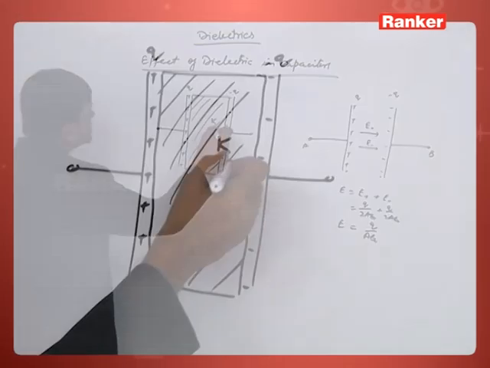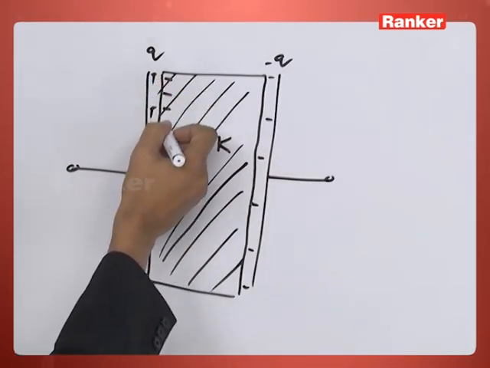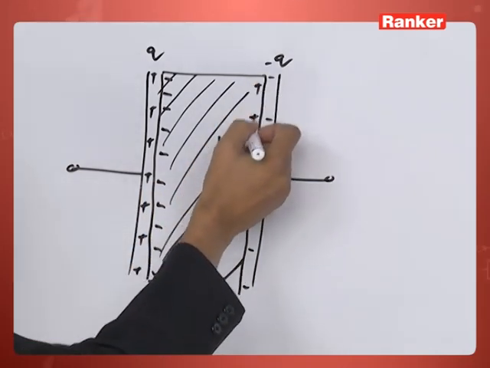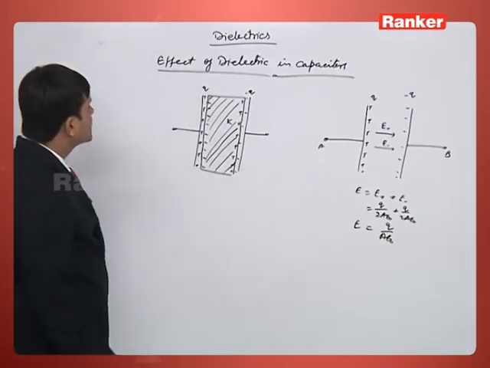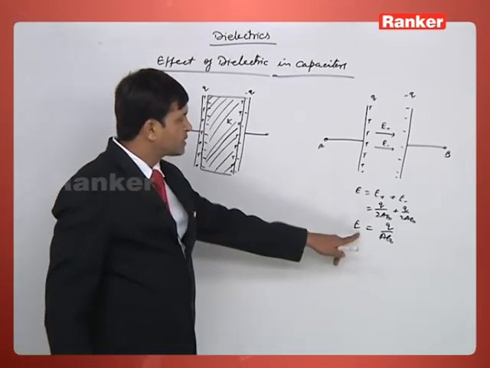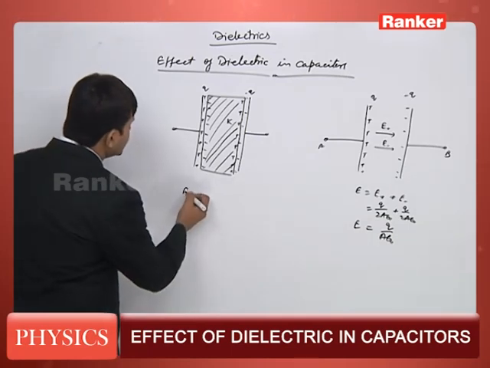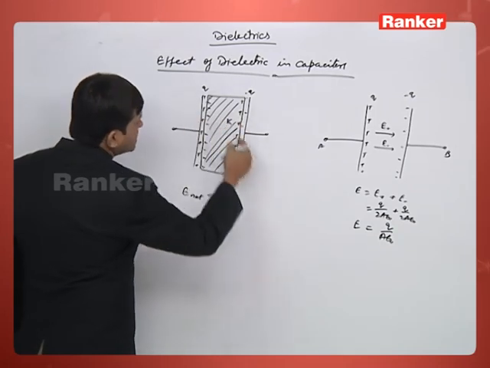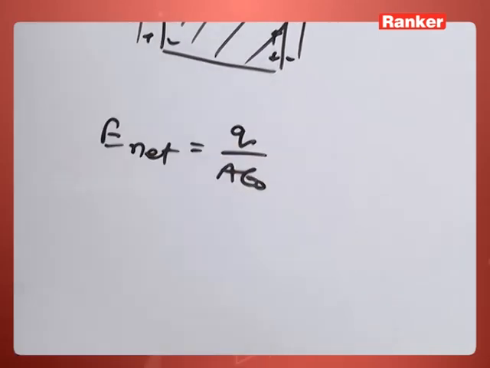Because of this dielectric slab, negative charge will appear here and positive charge will appear here, so that the negative and positive charge will decrease the electric field, which was E. So what is the new electric field in that case? E net: due to the free charge, the electric field was Q by A epsilon naught.